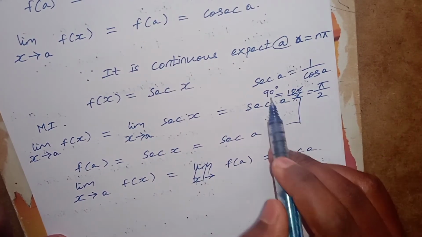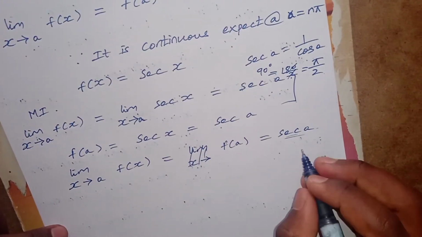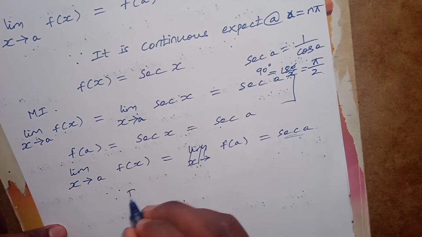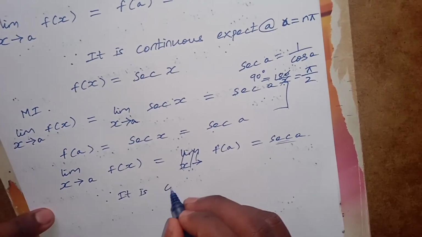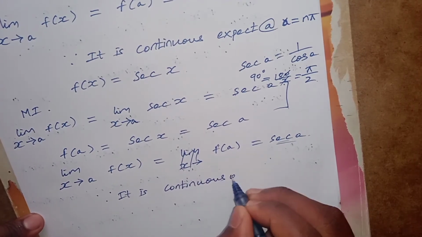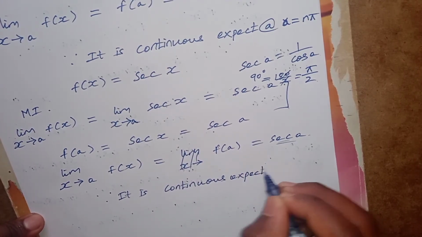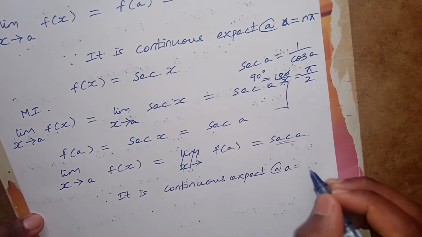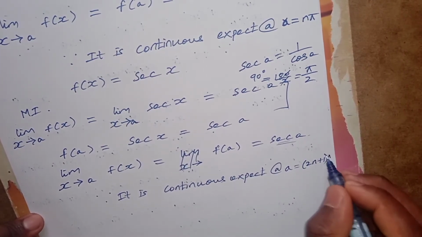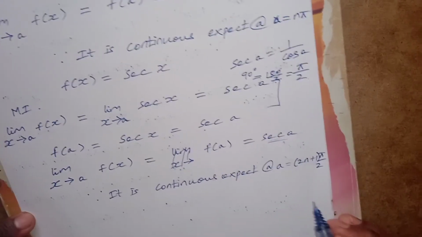Okay, cos 90 is 0, therefore it is continuous except at a is equal to 2n plus 1 pi by 2.